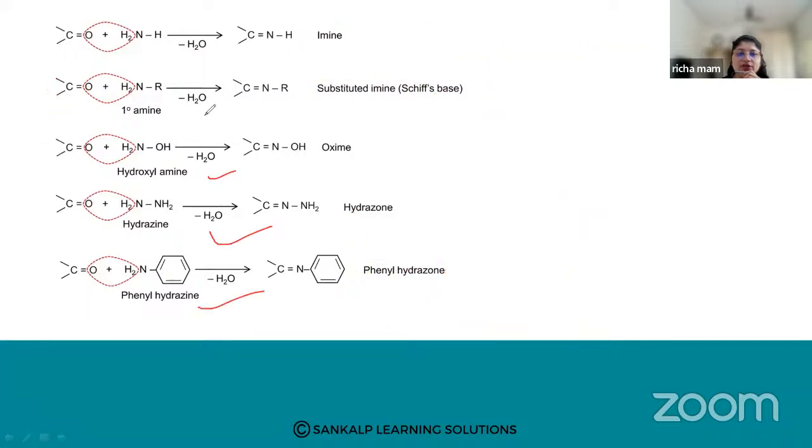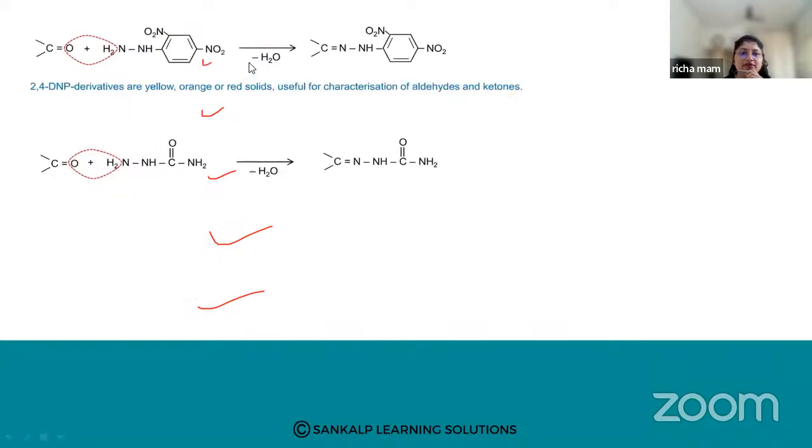With the loss of water molecule, it forms the product, and water is the byproduct. So when the carbonyl carbon reacts with 2,4-dinitrophenylhydrazine, you get a 2,4-dinitrophenylhydrazone.